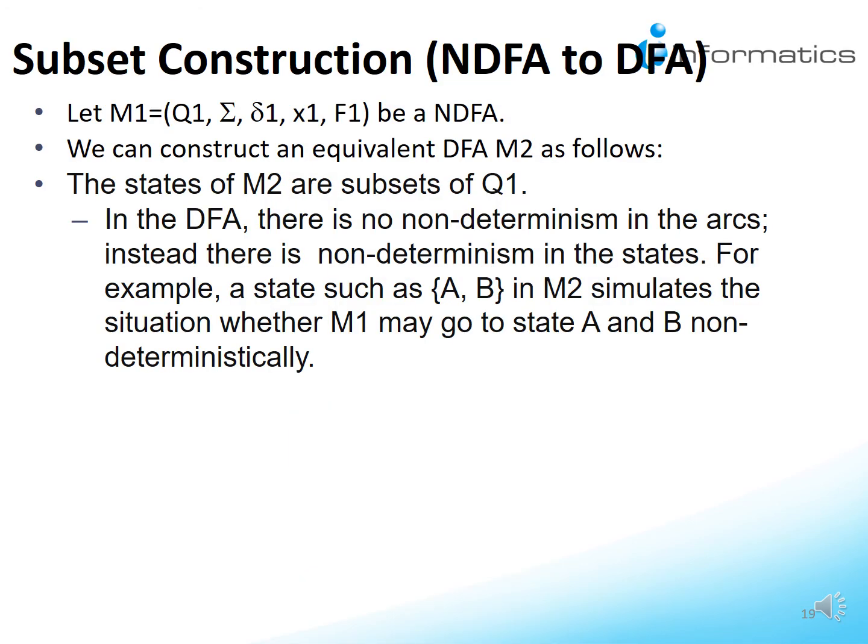Let's summarize subset construction, which is an algorithm for the conversion of non-deterministic finite automata to deterministic finite automata. Let M1 be a non-deterministic finite automaton with a set of states Q1, alphabet sigma, state transition function delta 1, initial state x1, and set of final states F1.